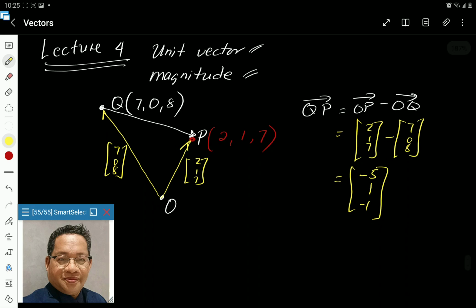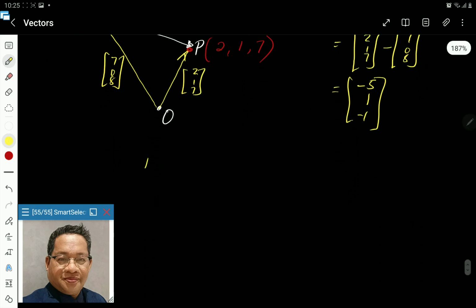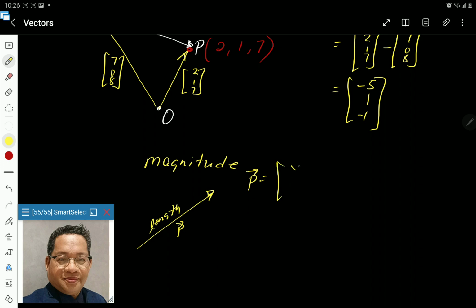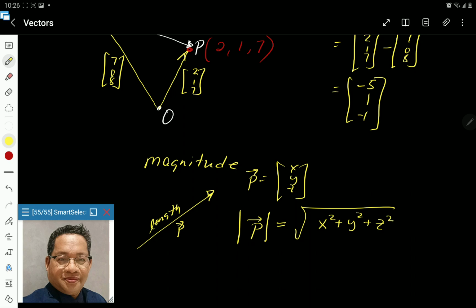Okay, so what do we mean by magnitude? Magnitude is basically the length of the vector P. If this vector P is xyz, then the length is symbolized by this one, or the magnitude, and that's equal to square root of x squared plus y squared plus z squared.